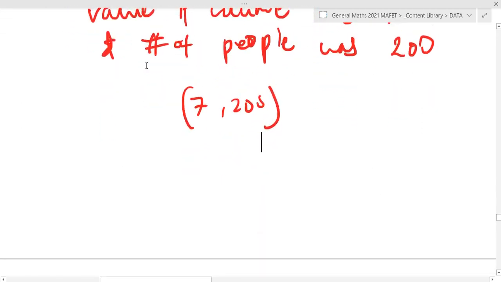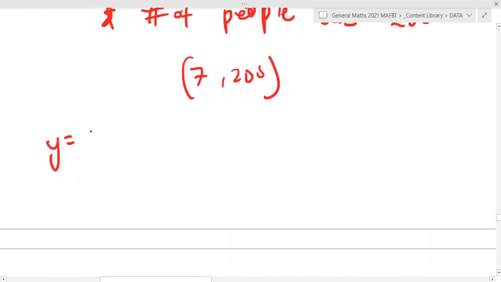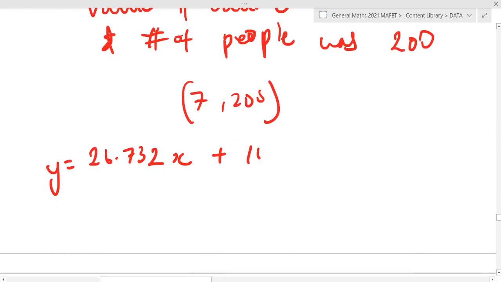So using the formula, y equals 26.732x plus 16.226. What you'll do is predict what the value is going to be, and then subtract that from the actual value, which was 200.